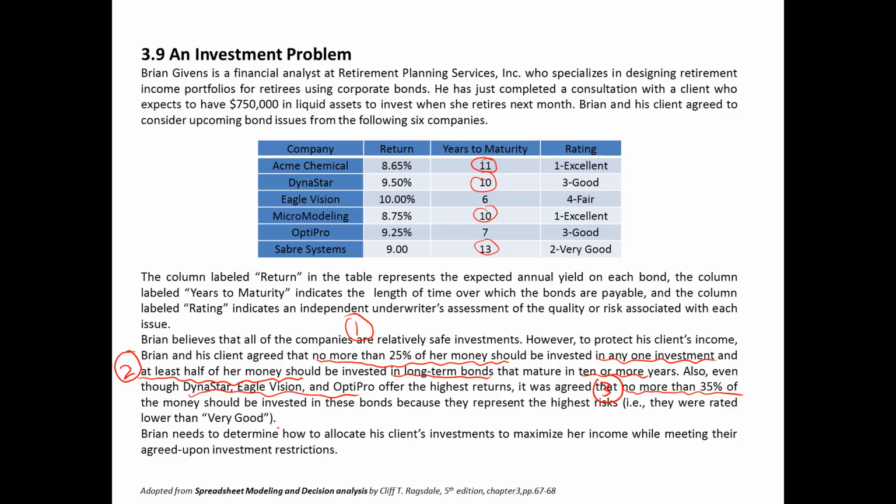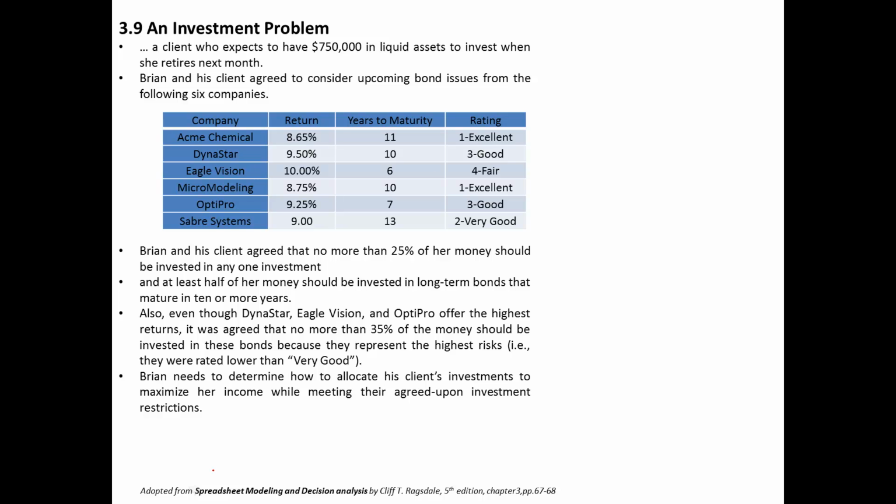That gives us two pieces of information that leads to two parts of our model, which is the decision part, how to allocate the investment, and the objective, which is to maximize her income. Okay, so this is some basic analysis of the problem description. Okay, and I listed them here in some bullet points.